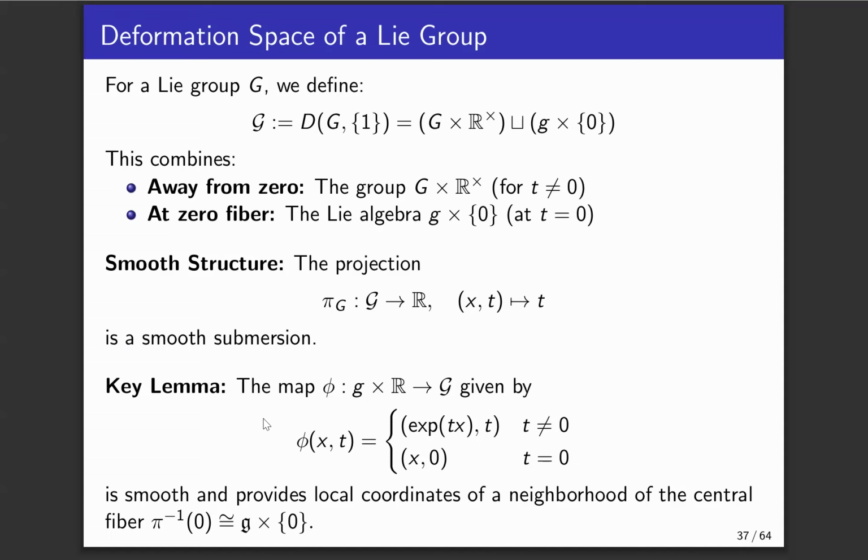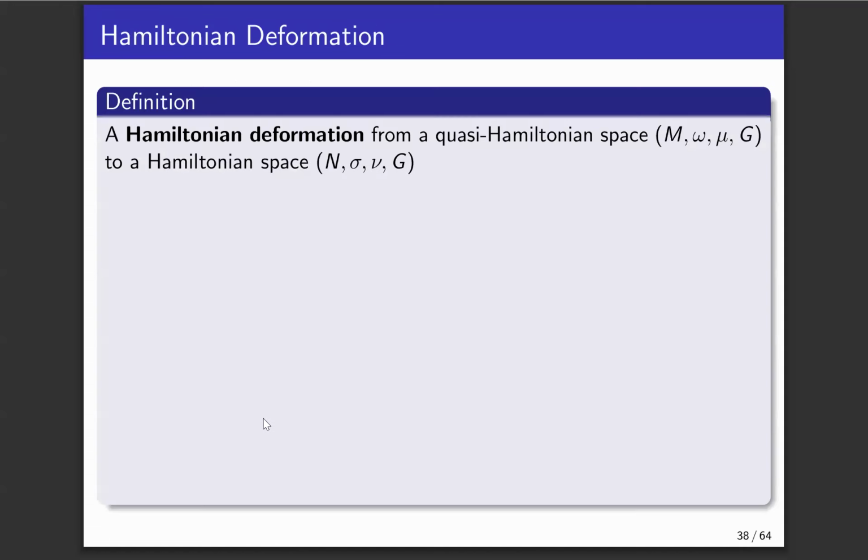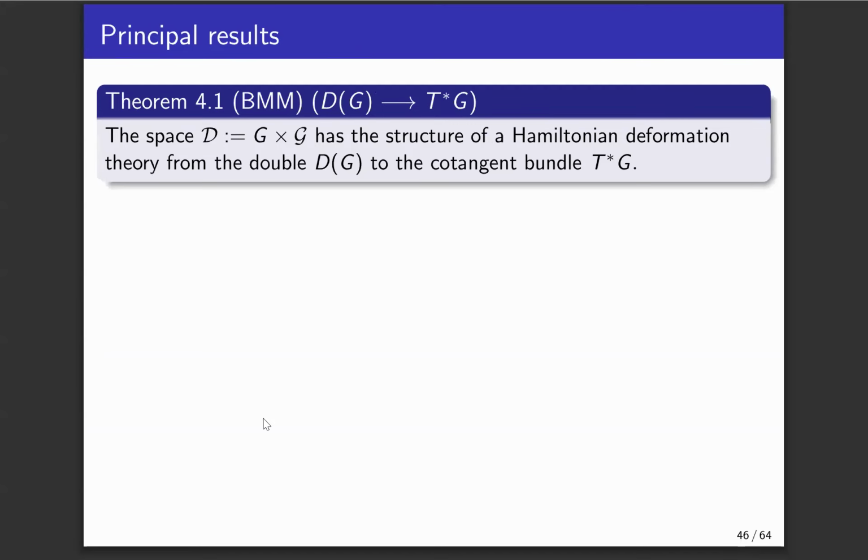So at the end of the day, we have two forms. One form is defined away from the central fiber, when t is different from 0, and we have a second two-form which is defined on the neighborhood of the central fiber. Both of them are smooth, but the goal is to define a smooth two-form on the whole deformation space D. The idea is simply to glue these two forms using a partition of unity.